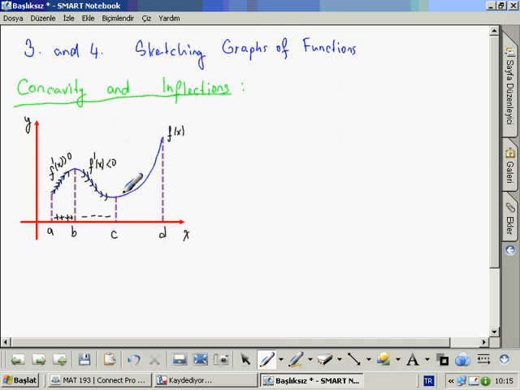For this interval again, please attention, our function curve is increasing, so f prime of x is larger than 0, so here is a plus sign. These are the signs of f prime.